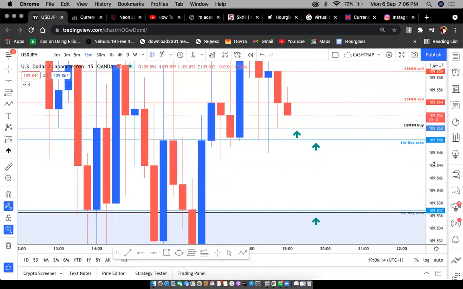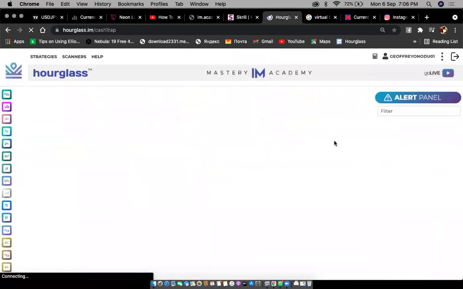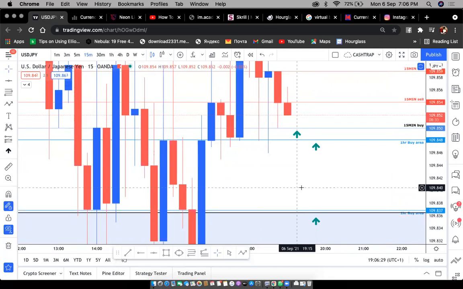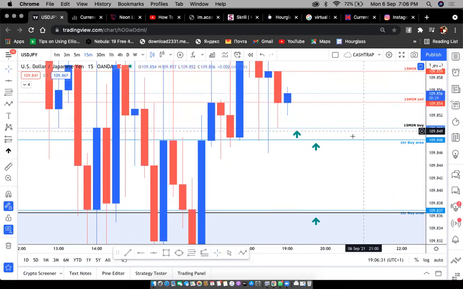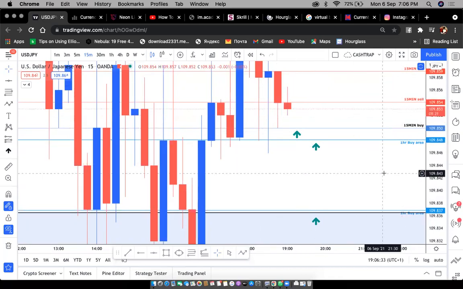Now, if price is at 850 and cash trap doesn't give me up to 4-point trade, I'm not going to take it. Sometimes trade is going to leave you. Fine, it's better it leaves you than you are trapped. Because there is still a structure at 848. So you can take 850.